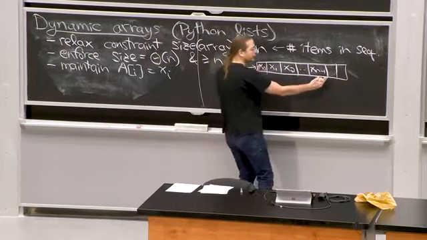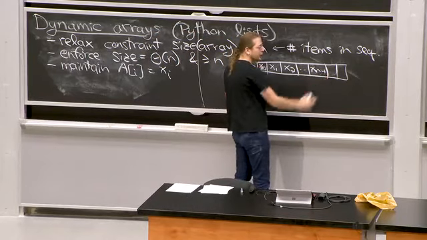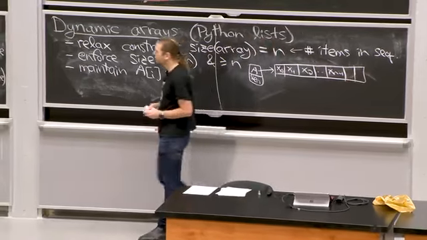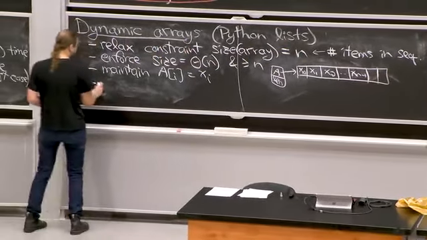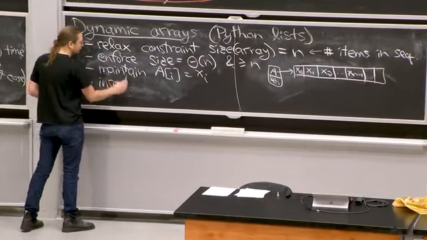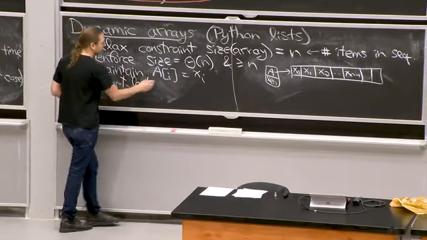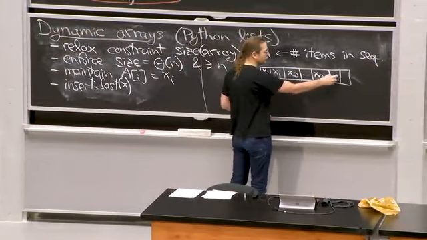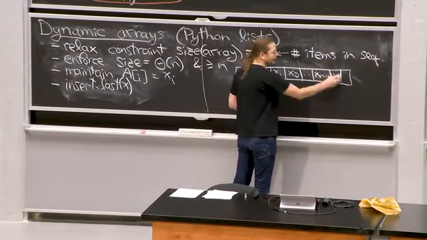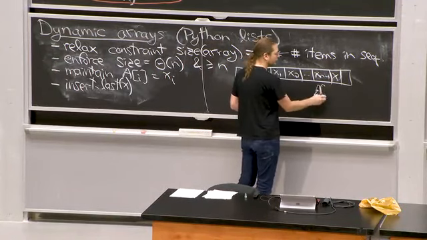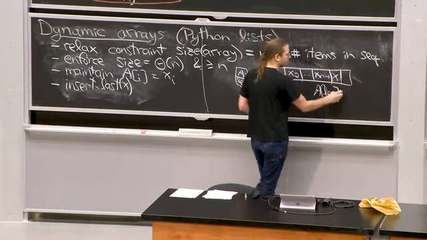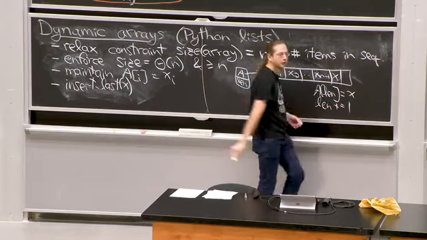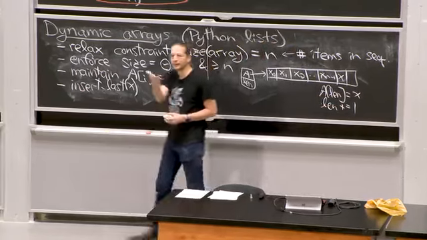So we know that the first length items are where their data is, and the remainder are meaningless. Okay, so now if I want to go and do an insert last, what do I do? I just go to a of length and set it to x. And then I increment length. Boom. Easy. Constant time.